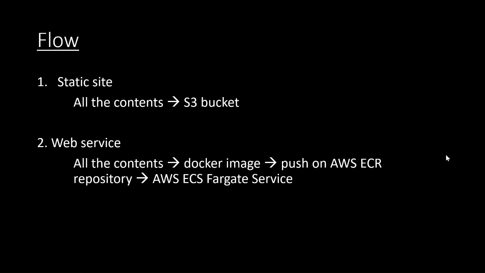And from there, it will get hosted on ECS's Fargate service. The web service one sounds a little bit complicated, but it's not. You'll understand it once you go through the series. Both the static site and the deployment of the web service are pretty easy, and I'll show you that in this series.